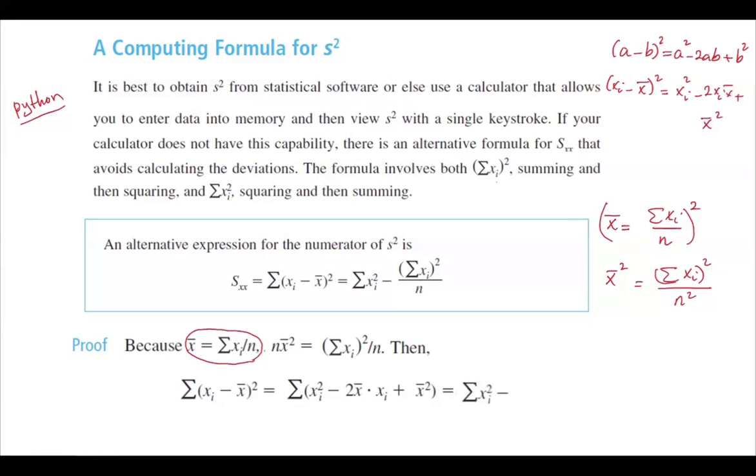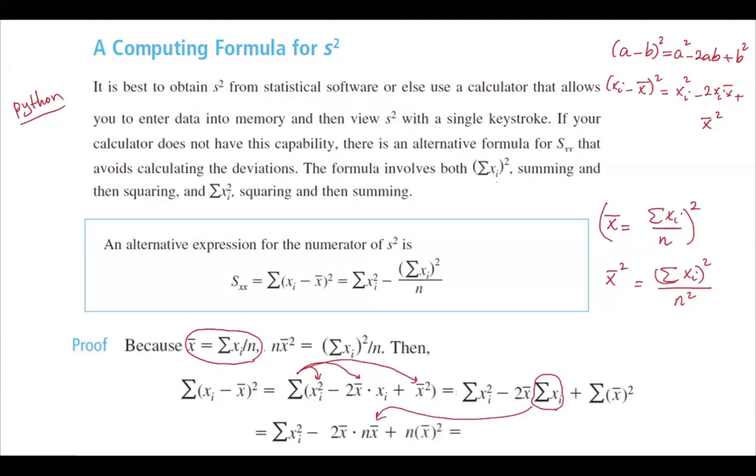Now what? Now you can basically find the summation of each of these terms separately. So the summation of xi to the second minus 2 x bar times the summation of xi, plus the summation of x bar to the second. And remember the definition of the summation of xi, which can be written as n x bar.